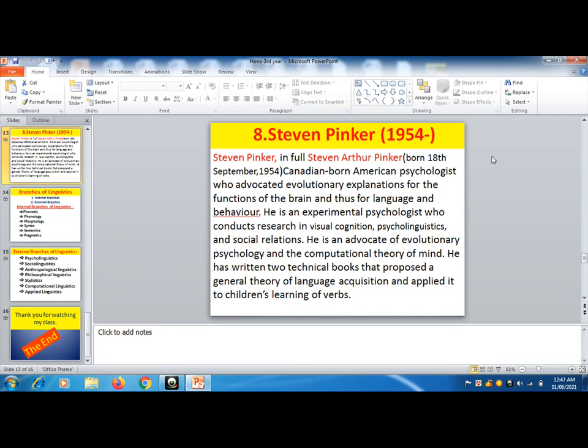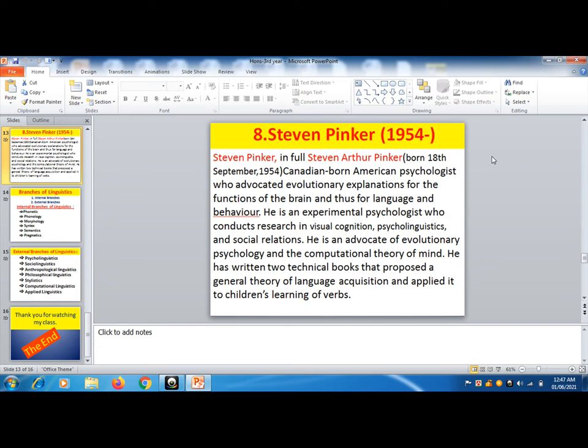He is an experimental psychologist who conducts research in visual cognition, psycholinguistics, and social relations. He is an advocate of evolutionary psychology and the computational theory of mind.